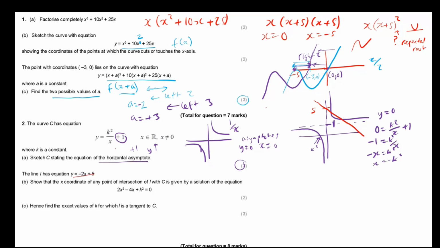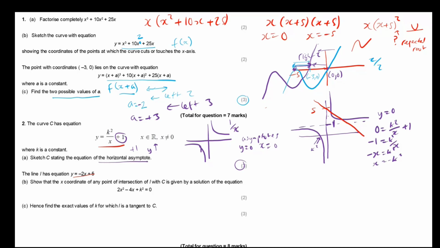If two equations intersect, what are they going to be? Seven marks. These two could almost be worth a grade and a half, almost 2 grades.